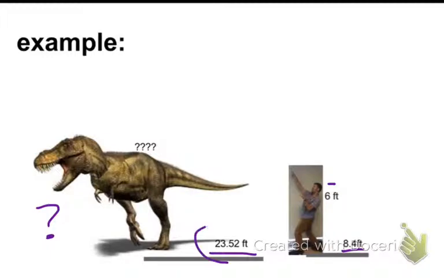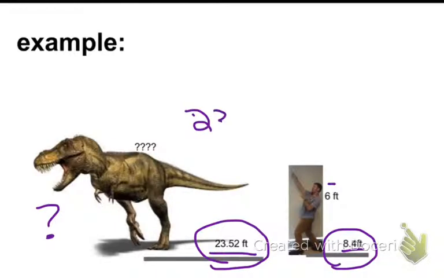Well, first I find my sides that are, what's that word again? Oh man, I just used it. Congruent. Okay, my congruent sides. So I'm using my congruent sides, and what I do is I take 23.52 and divide it by 8.4.